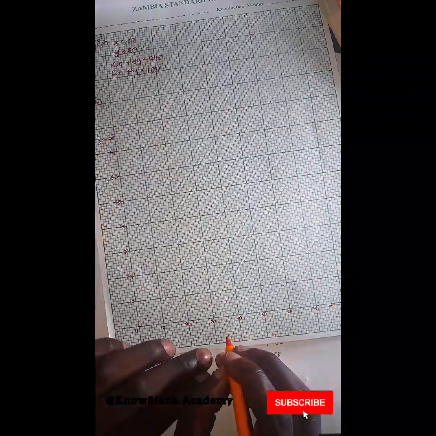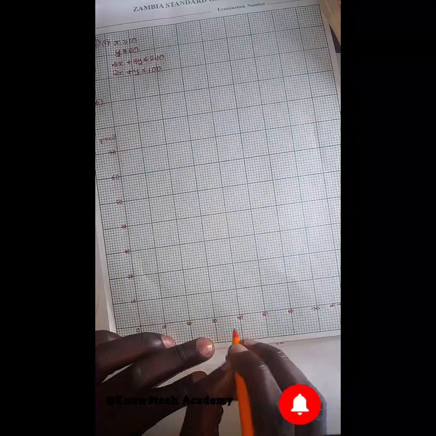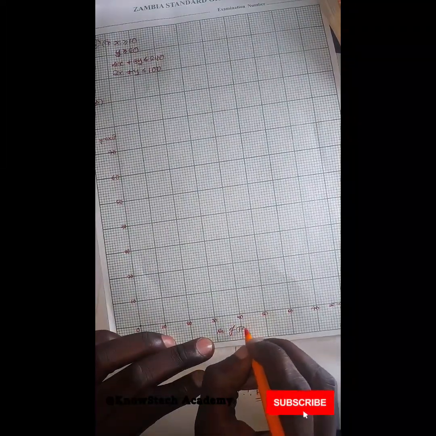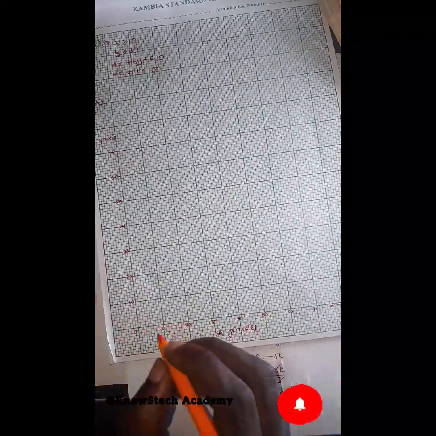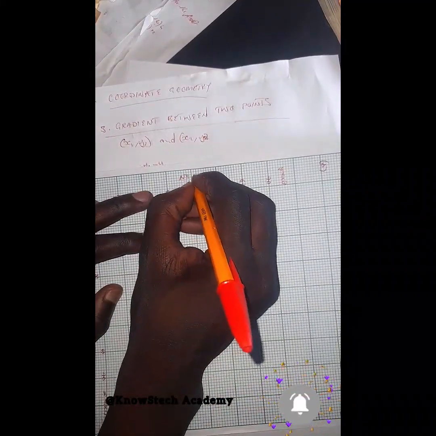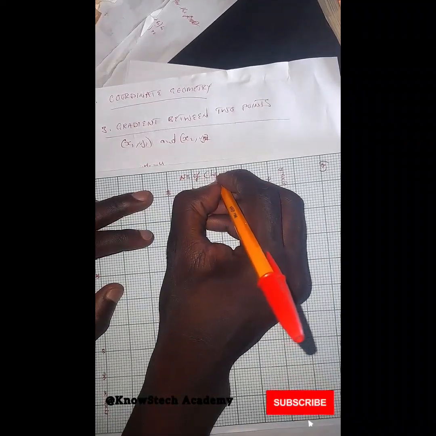Now, the x-axis is the number of tables. Then the y-axis is the number of chairs. All right, number of chairs.